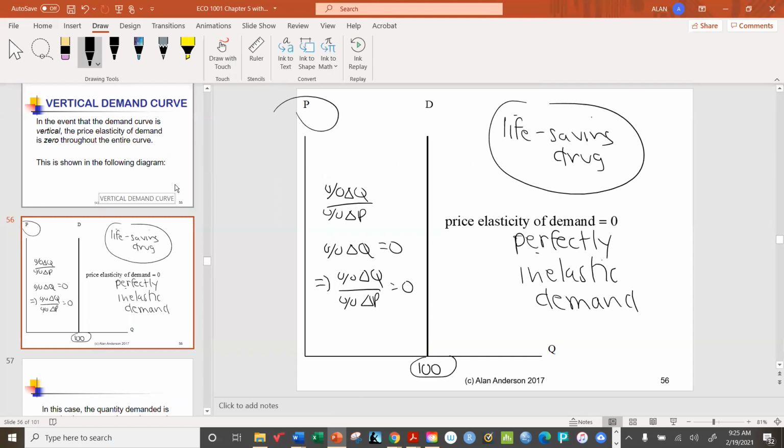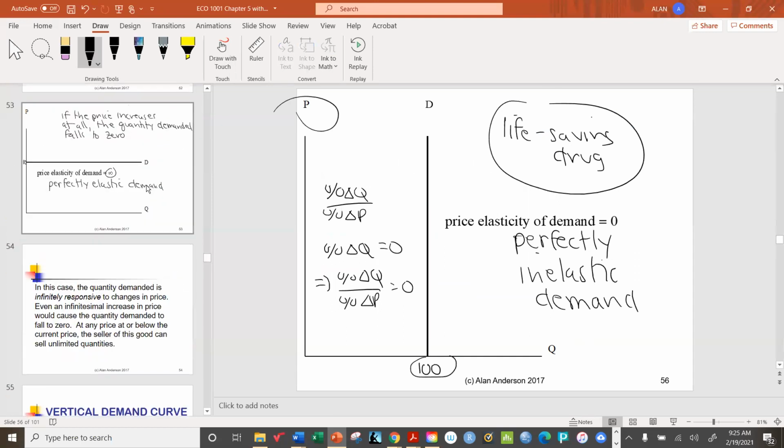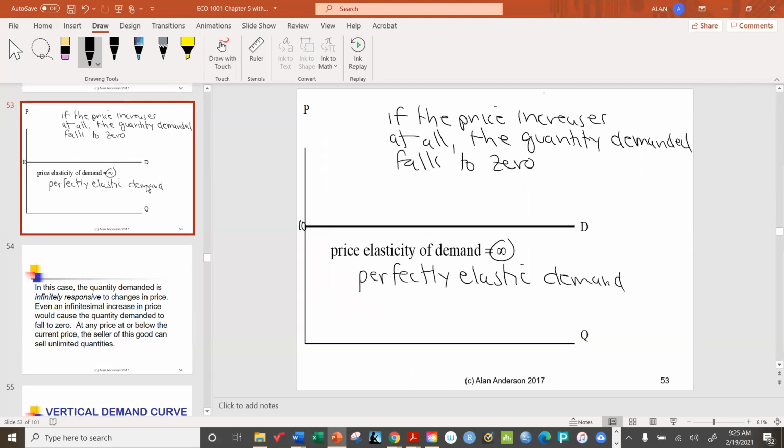If you look at the other one, the horizontal curve, what's happening here is that given that the elasticity is defined like this, the price never changes. So therefore, look what happens here.